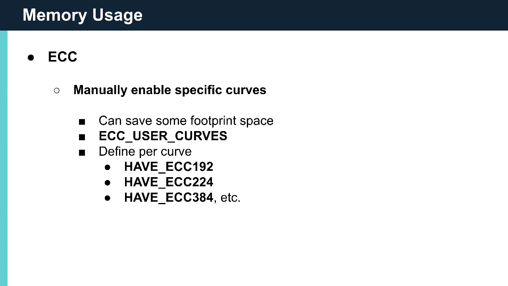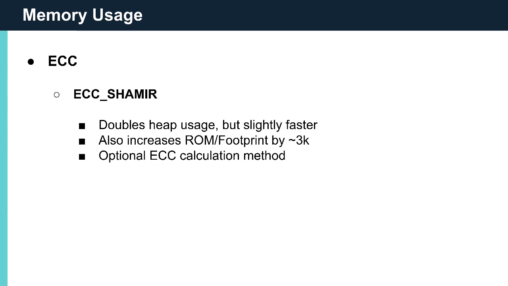For ECC, you can save some footprint size by manually enabling just the curves you need. If you define ECC_USER_CURVES, then you have to define each curve you want enabled. So if you wanted ECC 192-bit support, you could define HAVE_ECC192. ECC Shamir doubles the heap usage, but gets a little bit faster. It also increases your footprint size by about 3K. It's an optional ECC calculation method.